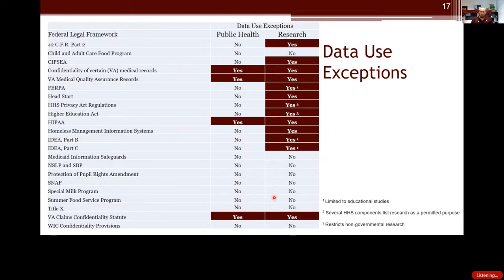Research is quite a bit more frequent, but it's still not a universal exception for many of these different data types. So it's pretty important to be aware of whether or not there is an exception that allows a specific type of data to be used for a specific purpose.